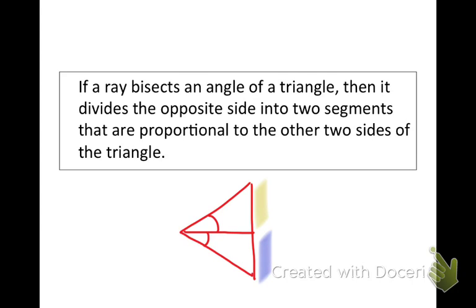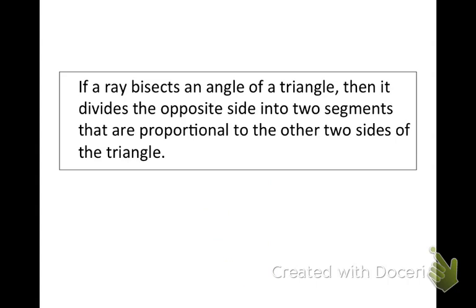Those two segments will be proportional to the other sides of the triangle. So my blue would be proportional to this blue side of the triangle, and my yellow would be proportional up there. So how could we set up a proportion? Well, we could do yellow over blue equals yellow over blue, or we could do yellow over yellow is equal to blue over blue. Okay?